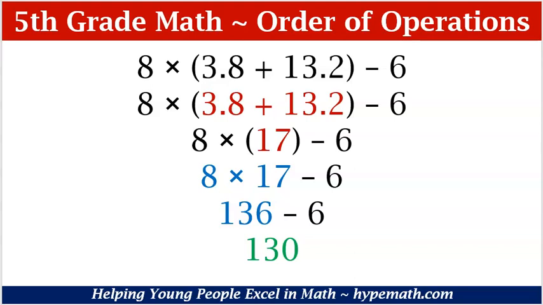Thinking about the order of operations again, we are going to multiply first, and then we'll do subtraction. So 8 times 17 is equal to 136, minus 6. Our answer is 130. So 8 times, in parentheses, 3.8 plus 13.2, close the parentheses, minus 6 is equal to 130.